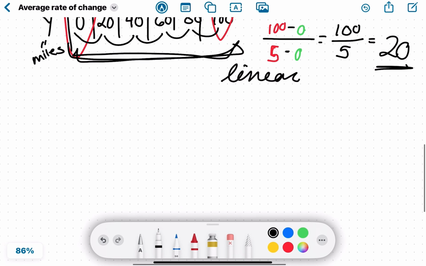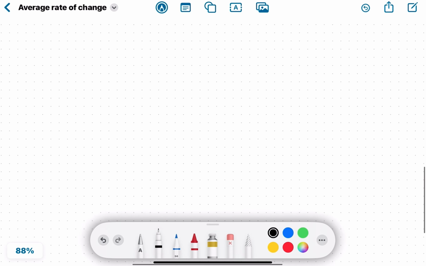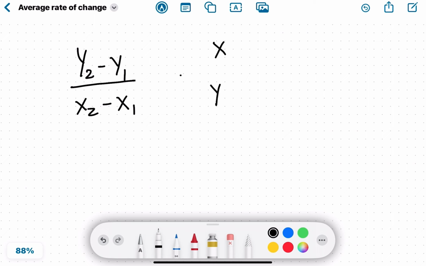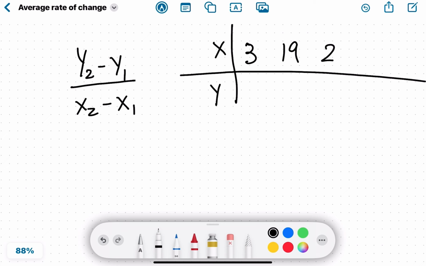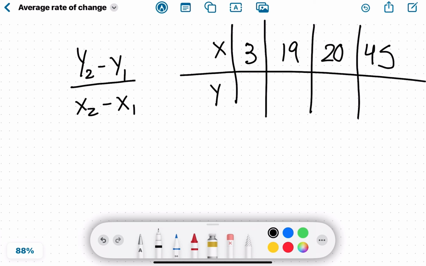Let's try one more example with the same equation. Now I'm going to do one where x isn't as consistent. Actually, I don't want to use such big numbers.